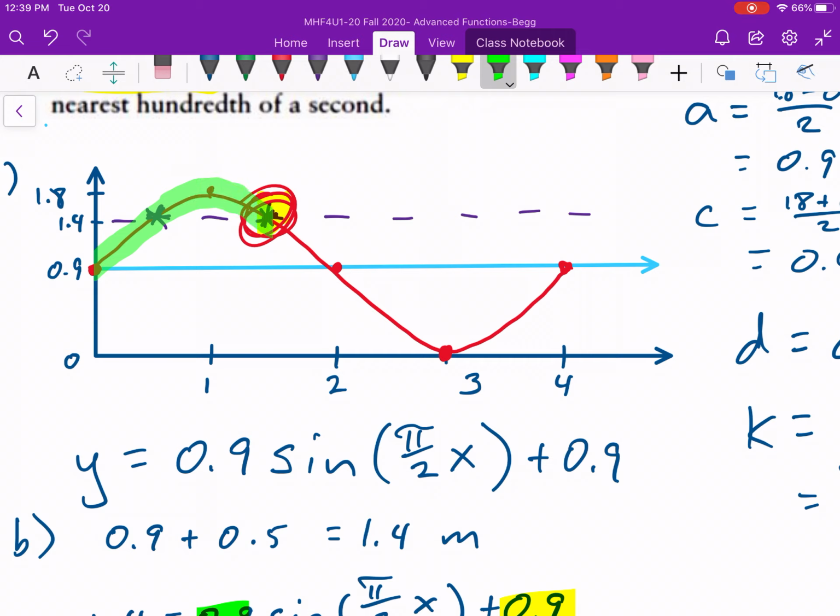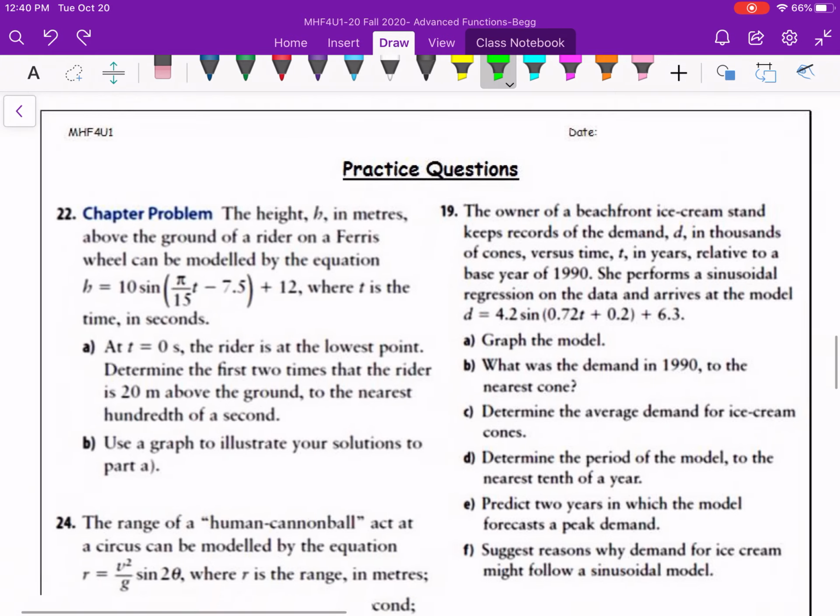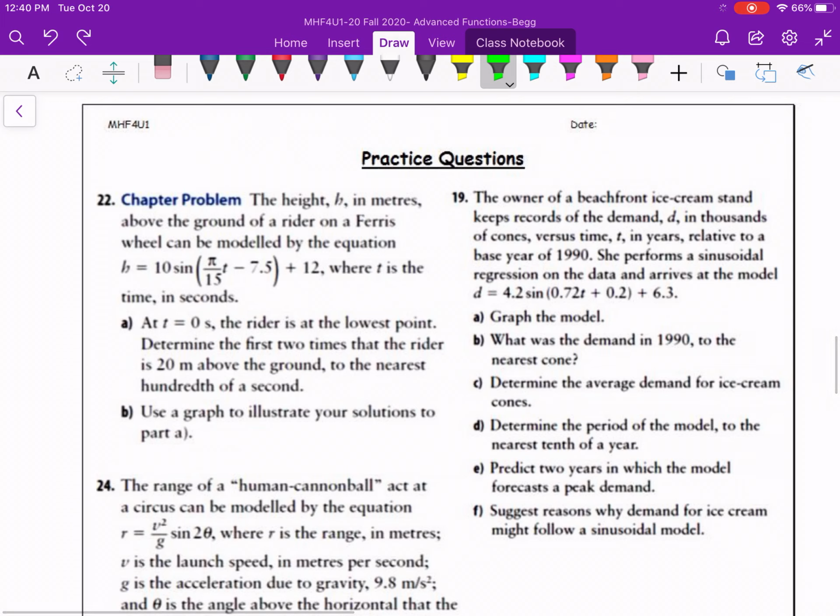Now it's 1.625 seconds on its way back down. Now it has to sink all the way to its minimum point and then rise again, and then it's going to start over. And in the next cycle, at 0.375 seconds into the next cycle, it'll hit 1.4 meters again, and so on ad infinitum. All right, and that is that.